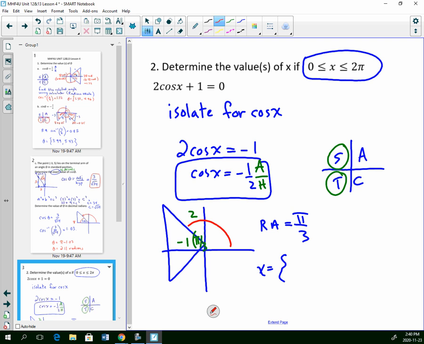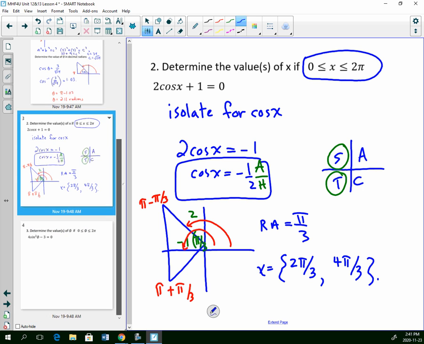One answer would be pi minus pi over 3, and the second answer would be pi plus pi over 3. So quadrant 2, it would be 2 pi over 3. Quadrant 3, it would be 4 pi over 3. Okay, so the questions where you're solving, you just have to go that one extra step where you have to isolate for sine or cosine before you solve for theta.